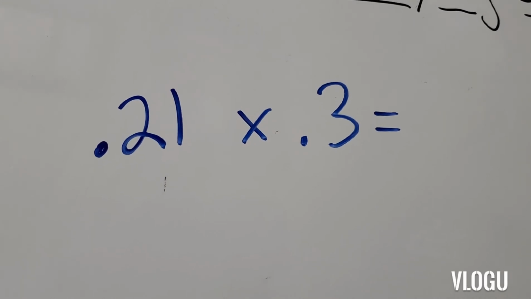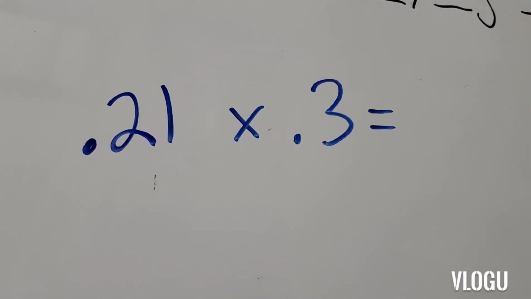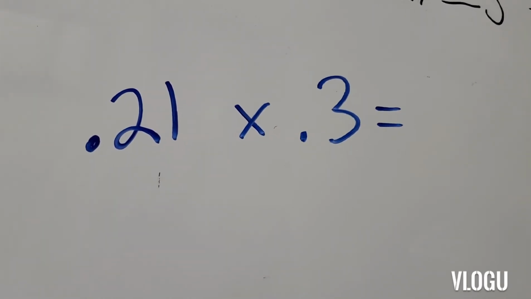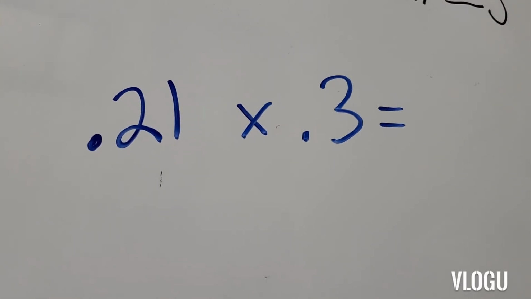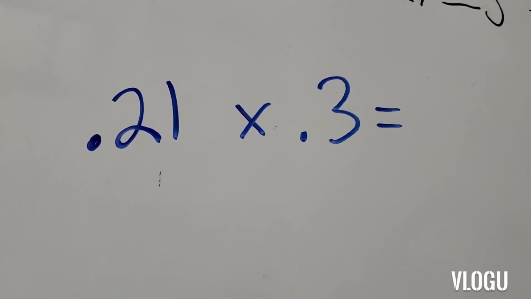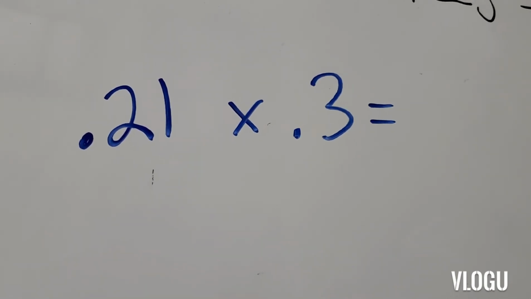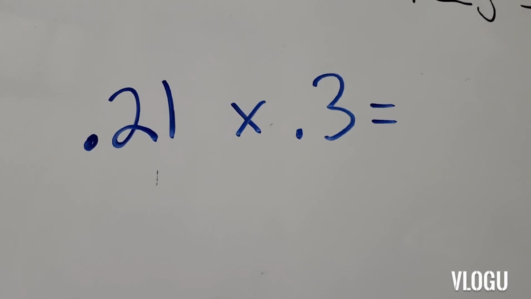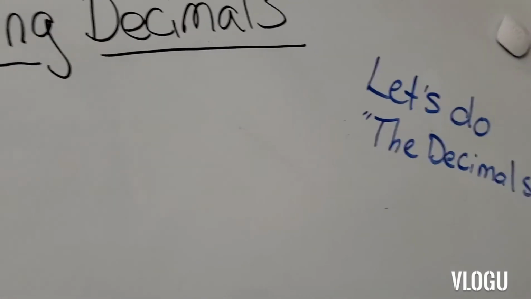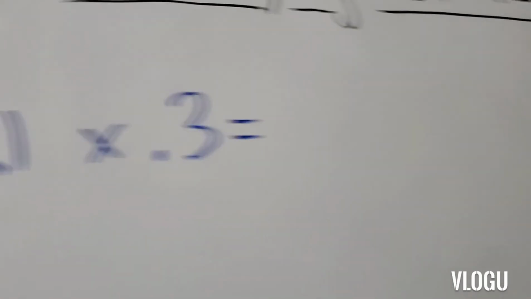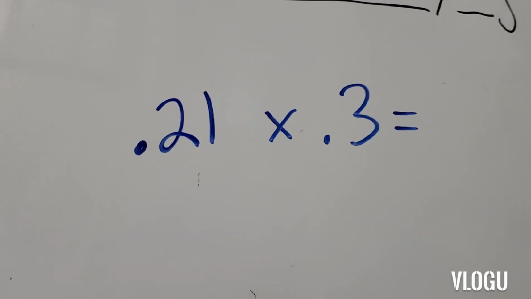0.21, or 21 hundredths, times 0.3, or 3 tenths. In order to do this multiplication, because I don't really like using math facts with decimals, let's bloop them right out of the problem. Let's get rid of them. Let's do the decimal slide to make this multiplication problem easier.